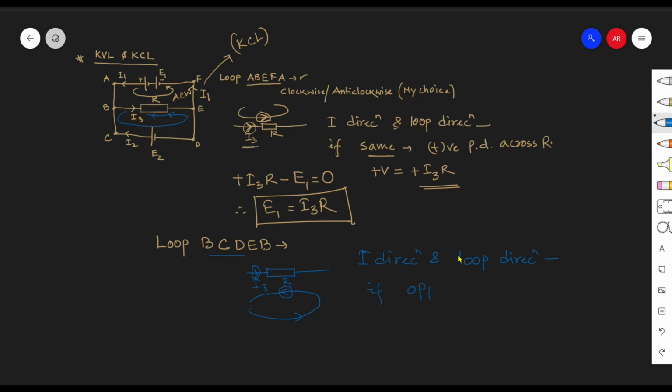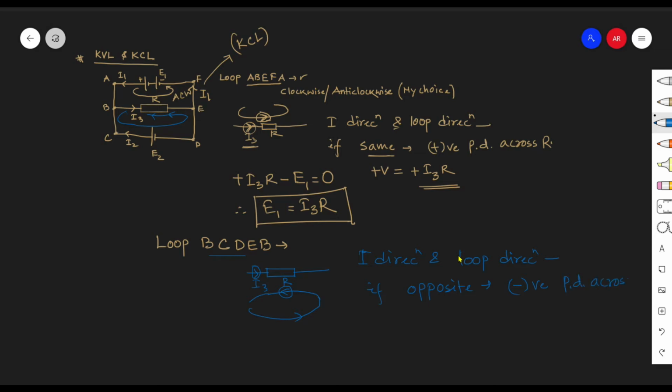As they are opposite, across R a negative voltage is going to be dropped. So if we follow this thumb rule, then we will be able to apply Kirchhoff's voltage loop very accurately.